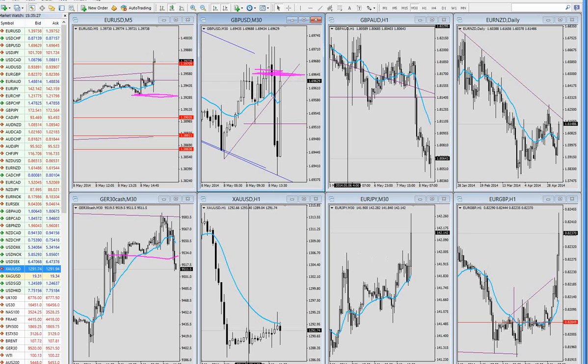DAX falling, but it's right at 9,500, so psychological level, looking for bounce and sell.